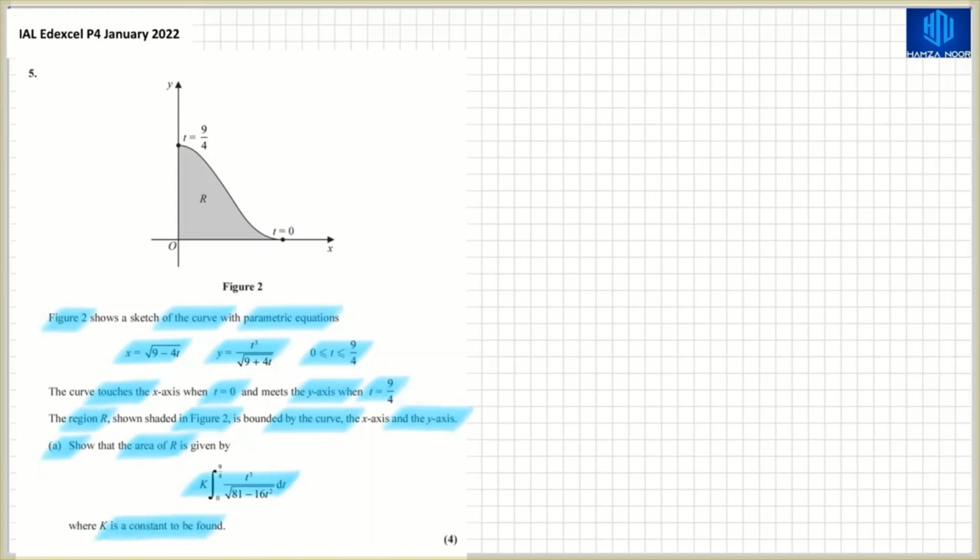As we want to find the area of the region R, we need to show a definite integral in the particular form required in the question. First, we have x as a function of t. Let's say x equals f(t), which is the square root of 9 minus 4t. We need to find dx over dt.